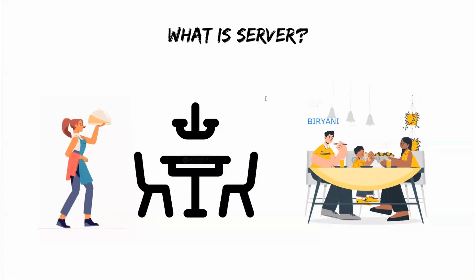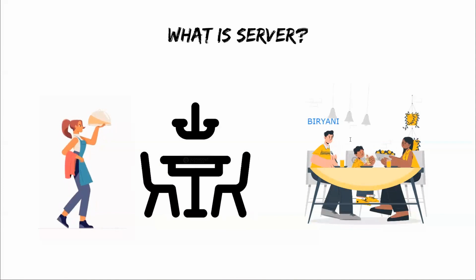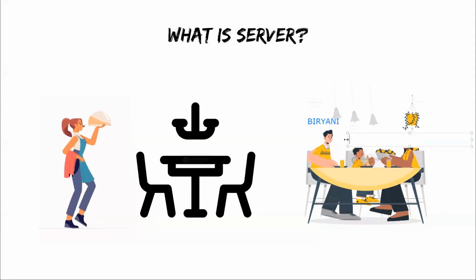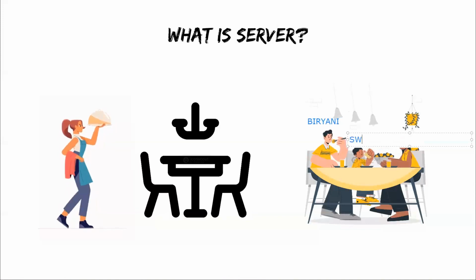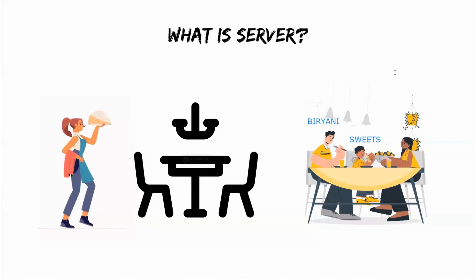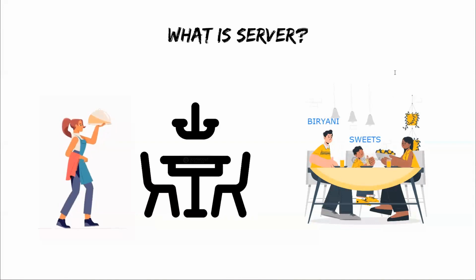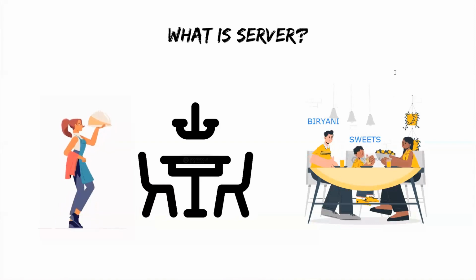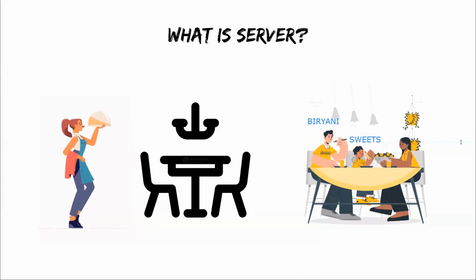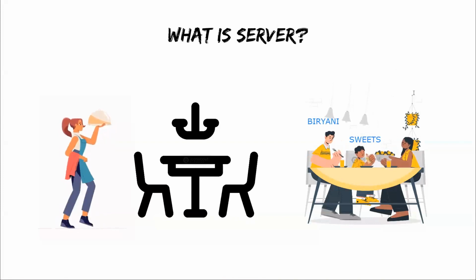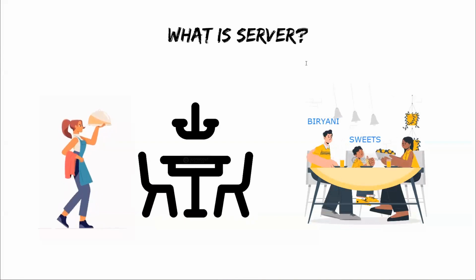I want to order biryani. Now there is a kid, and he is fond of sweets. Generally kids take sweets, right? So I'm ordering biryani and the second guy is ordering sweets. And here, let them sit first of all.